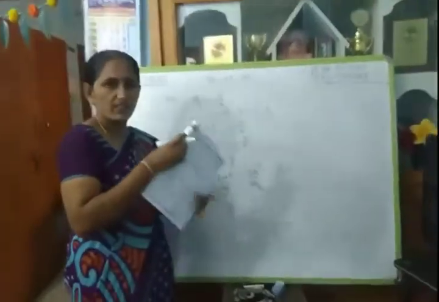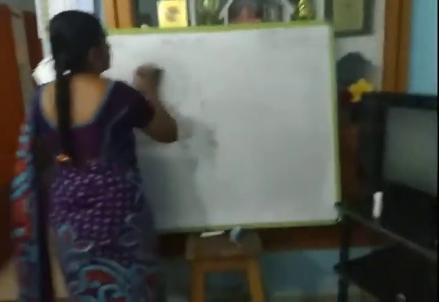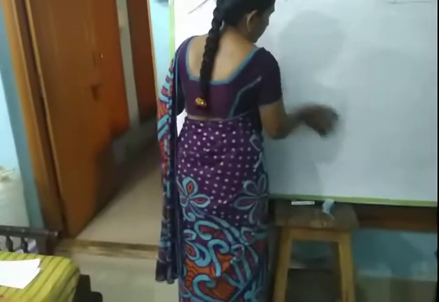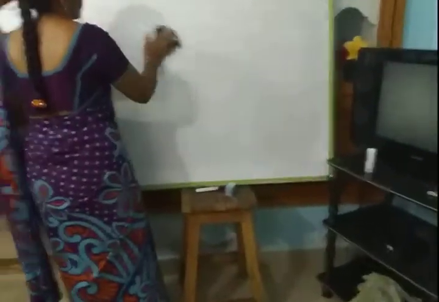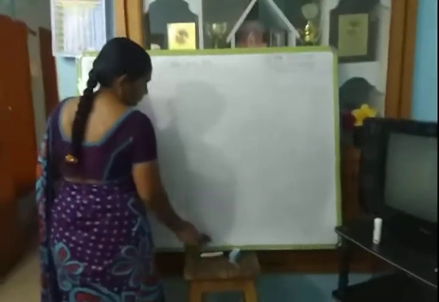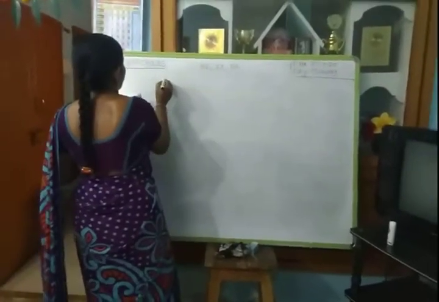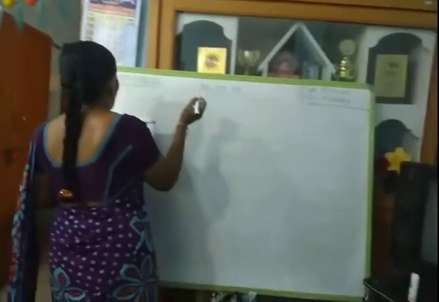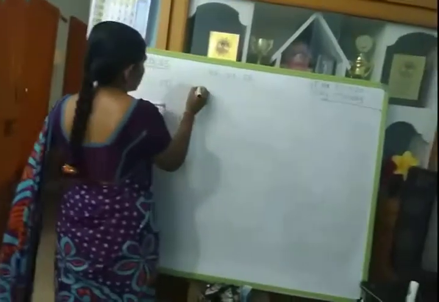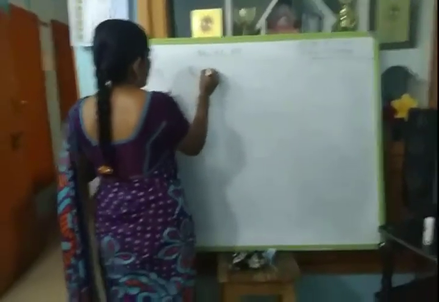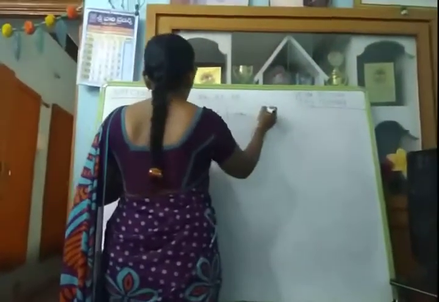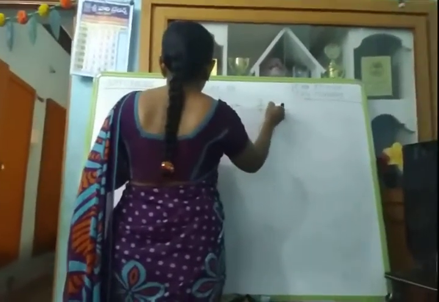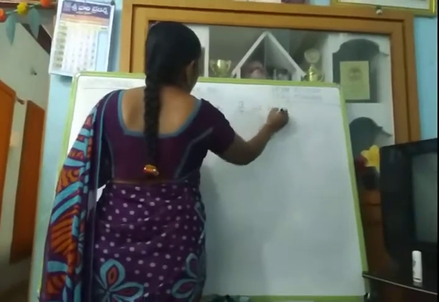Now let us see the 59th problem. Which one is greater? 2 by 5 of 4 by 7, or 3 by 4 of 1 by 2.